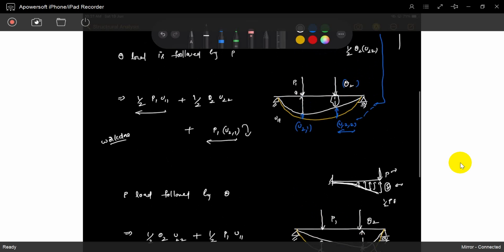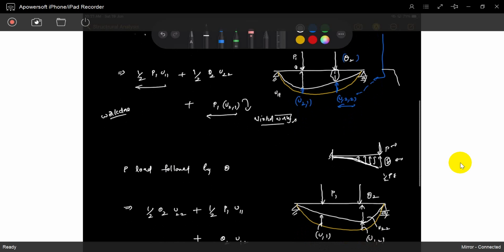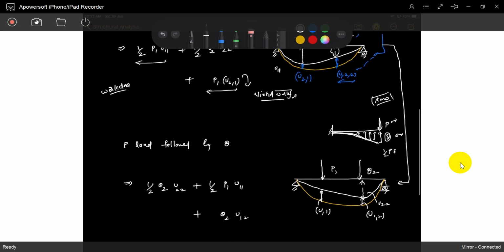Mostly it is called virtual work. See, if you keenly observe, these two are the same. P followed by Q or Q followed by P, there is no difference at all, because the final forces are in the same directions. There is no difference, which means these two work dones must be equal.